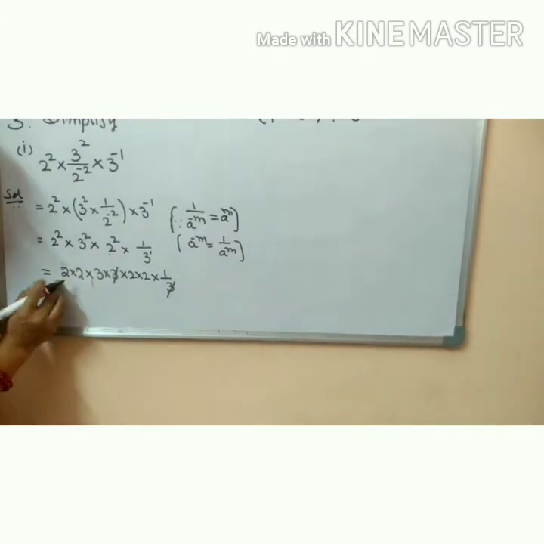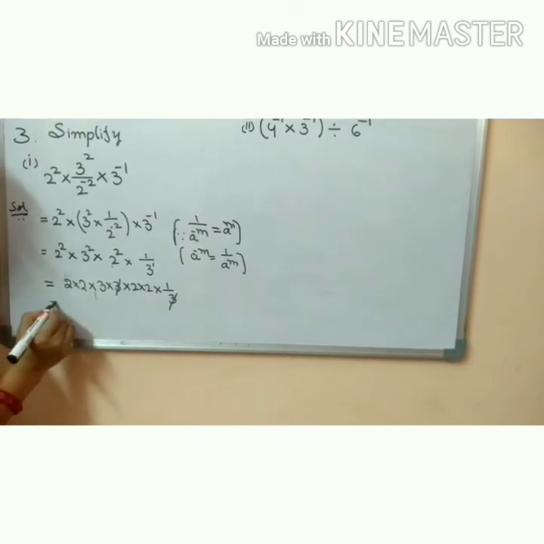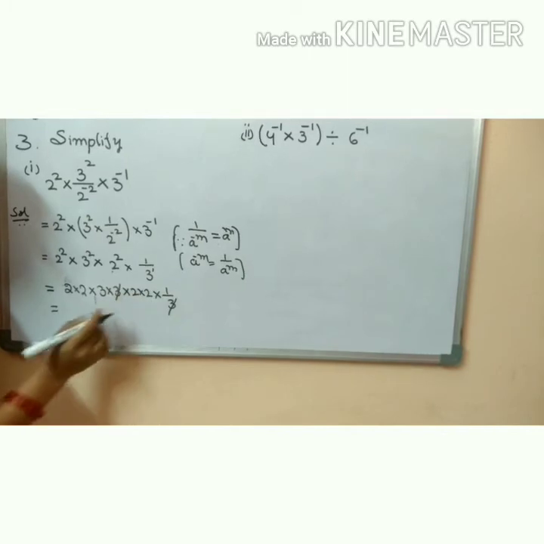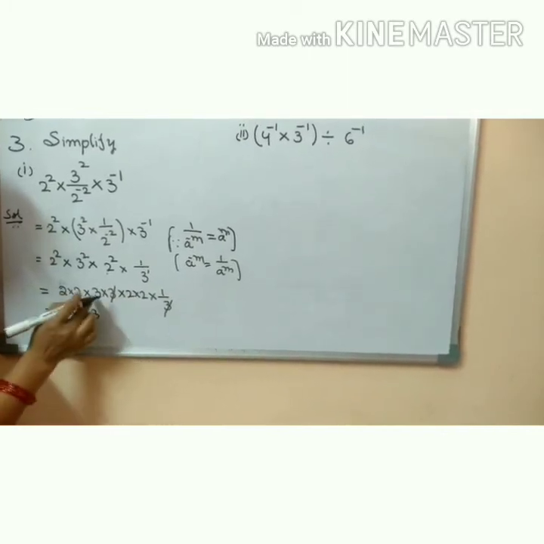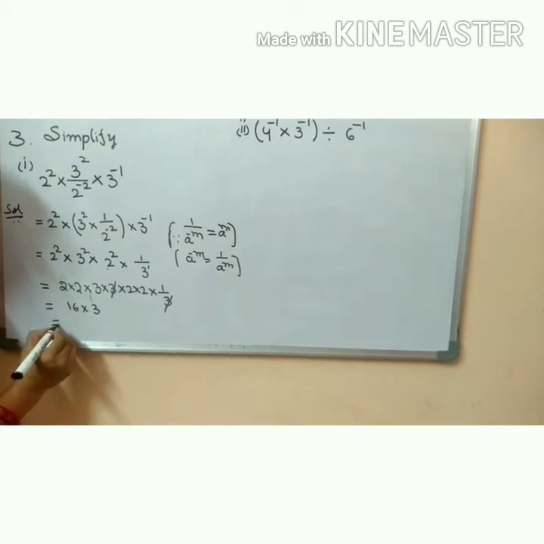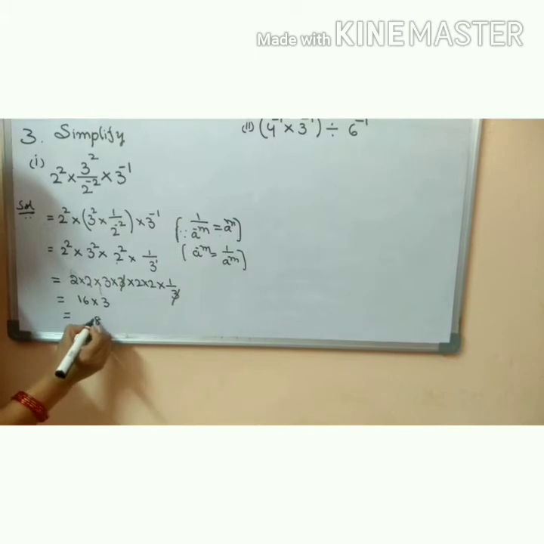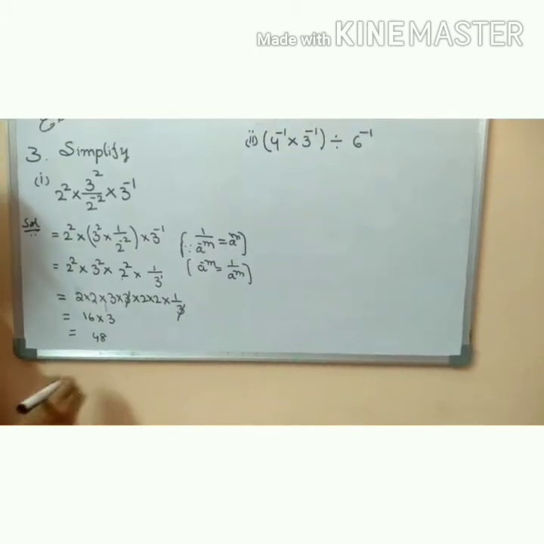So here how many 2s are there? 1, 2, 3, 4. 2 2s are 4, 4 2s are 8, 8 2s are 16, into 3. The remaining 3 is there. 16 3s are 48.